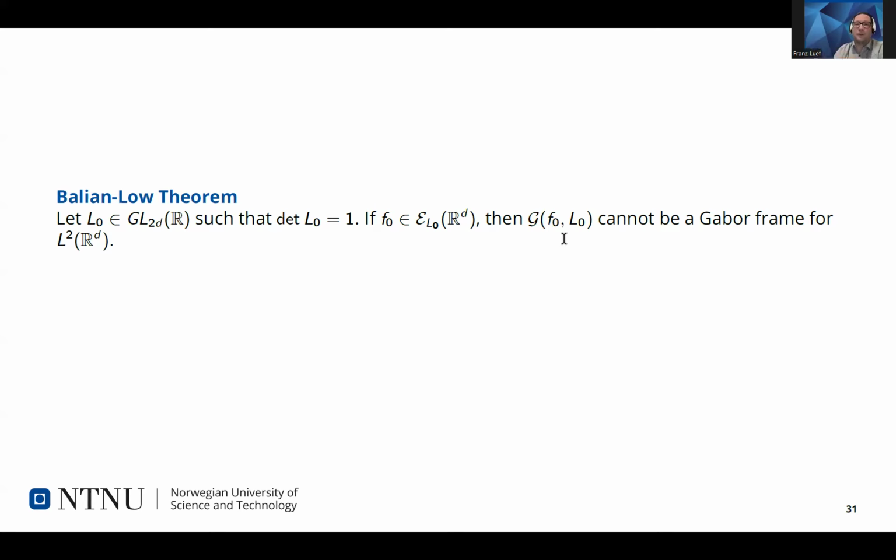So one of these two has to blow up. So somehow the system is not allowed to be very nicely localized in phase space if this has to be a Gabor frame for something like Z2 in 2D or something similar.